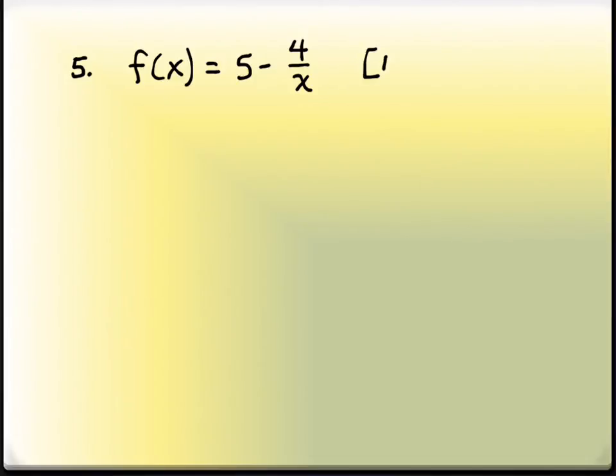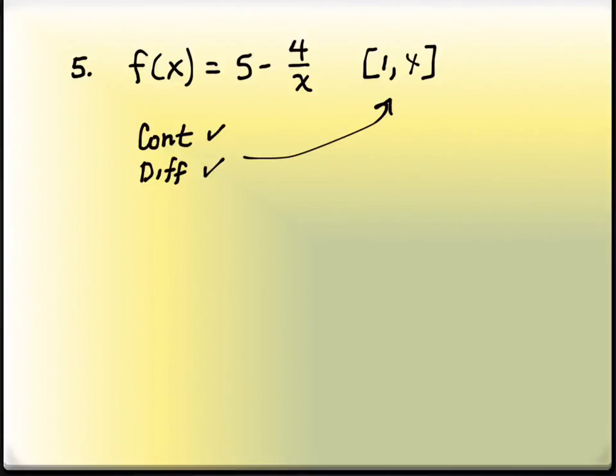And let's do the interval from 1 to 4. If I had the interval 1 to 4, would I be okay? Yeah, I would. This one would be fine. So this one, continuous, differentiable, we're good to go, right? This is continuous and differentiable on this interval, 1, 4.